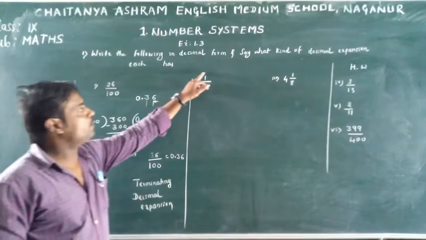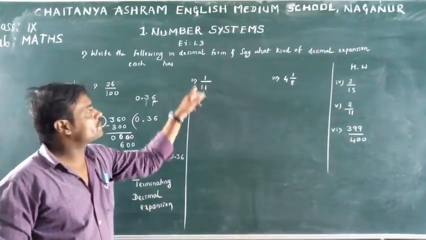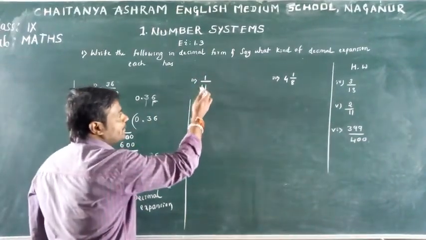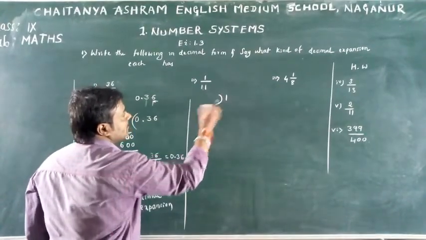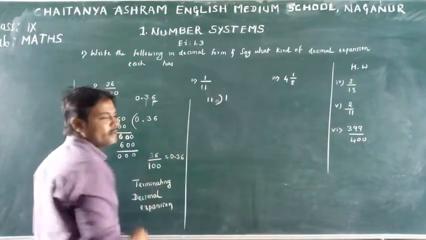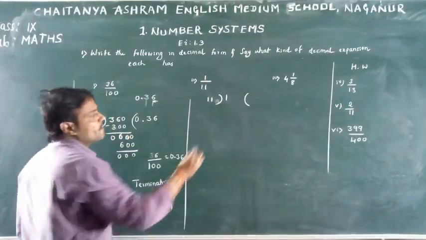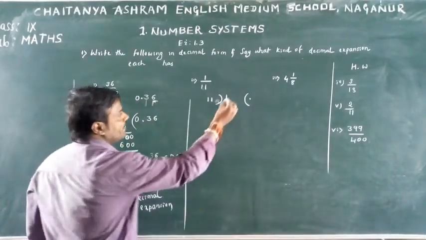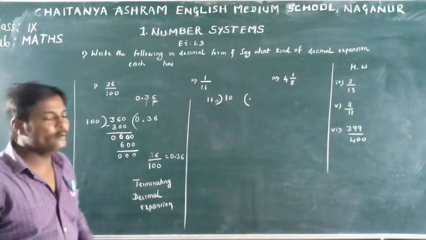Okay. How to obtain its decimal expansion? To obtain its decimal expansion, we divide the numerator by the denominator. So divide 1 by 11. So now 1 is smaller than 11. Put a decimal in the quotient place, then write 0 here. Again it is smaller. Then what do we do?